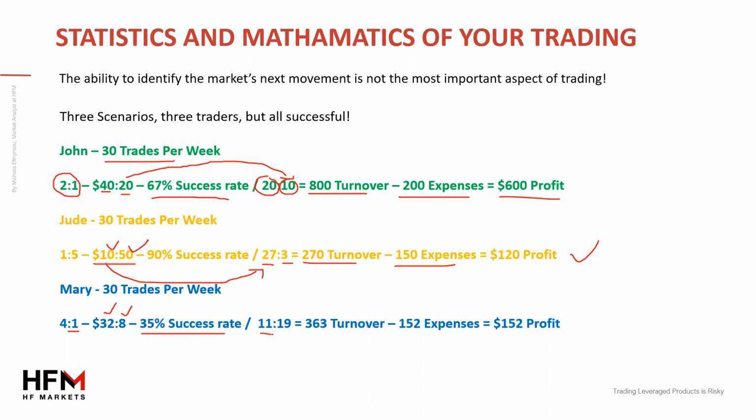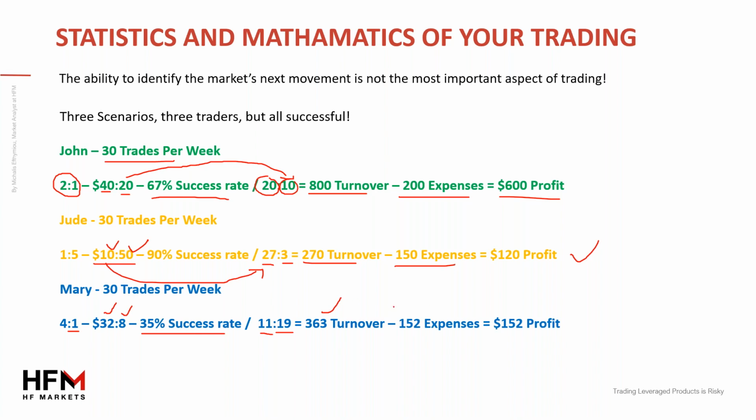She has 11 trades in a profit and 19 trades in a loss. So if we do 32 times 11, 363, I think that's slightly incorrect actually, but either way, it's more or less there.